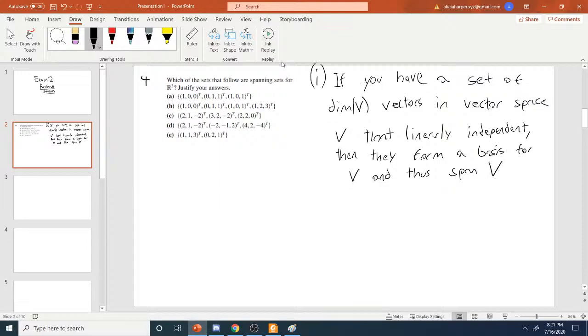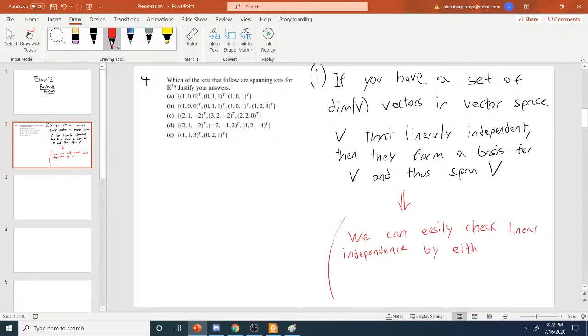So this is a very, very useful principle for deciding if something is a spanning set. And the reason it's a useful principle is we can easily check linear independence by either row reduction or by computing the determinant.